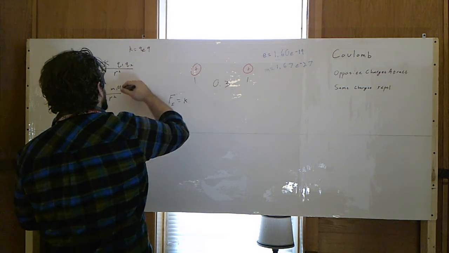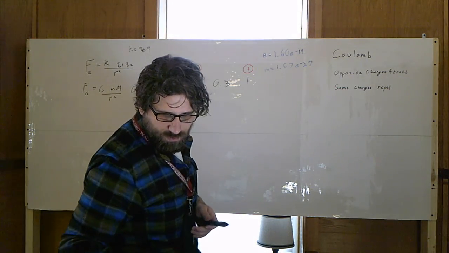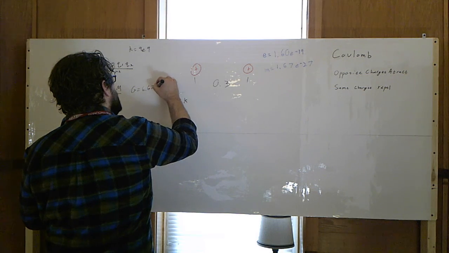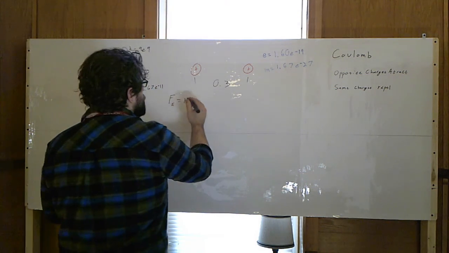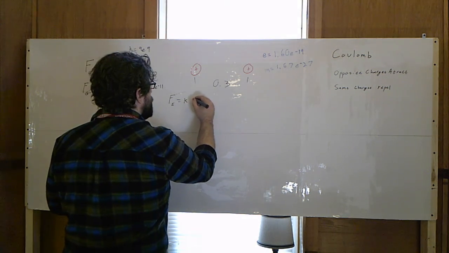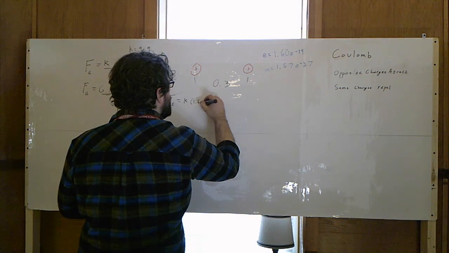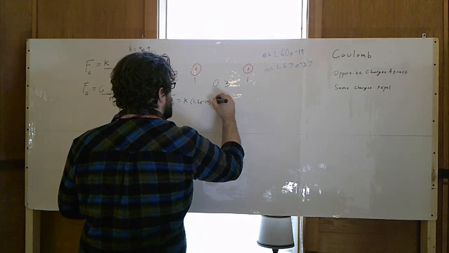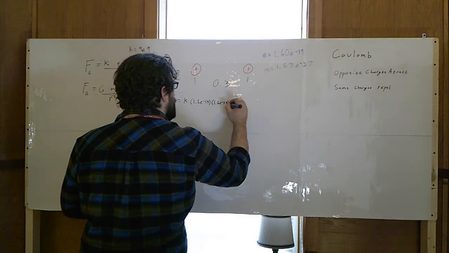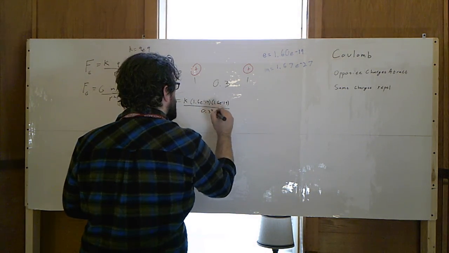The gravitational constant, if you remember, is 6.67 e to the negative 11. So the electrostatic force is K times charge number 1, 1.6 e negative 19, times 1.6 e negative 19, divided by 0.3 squared.